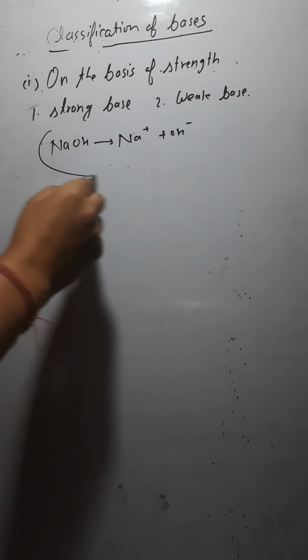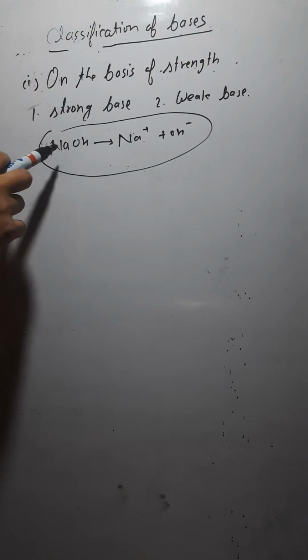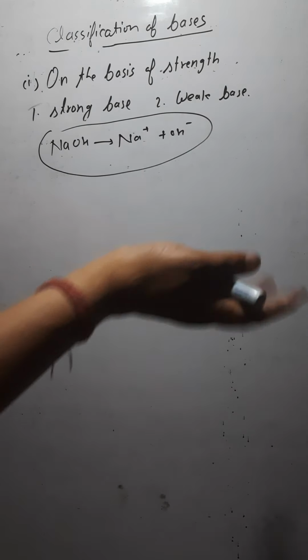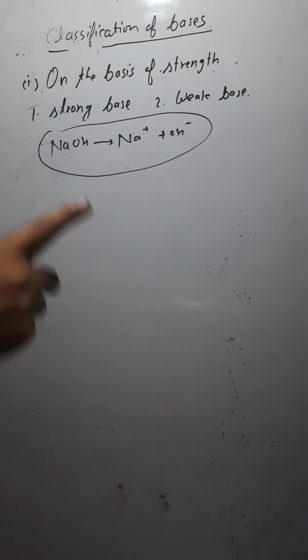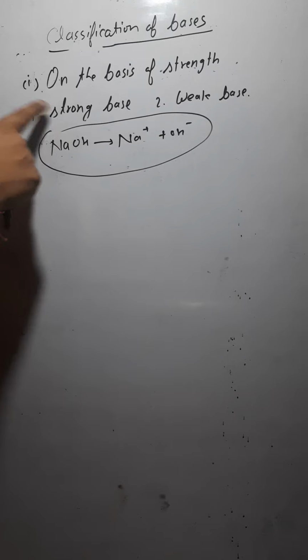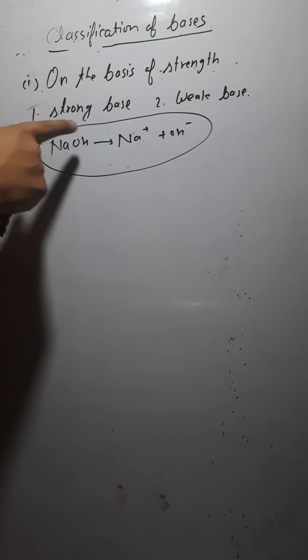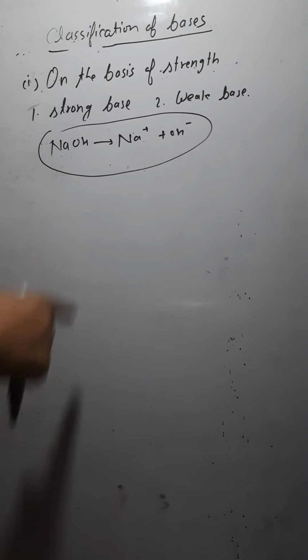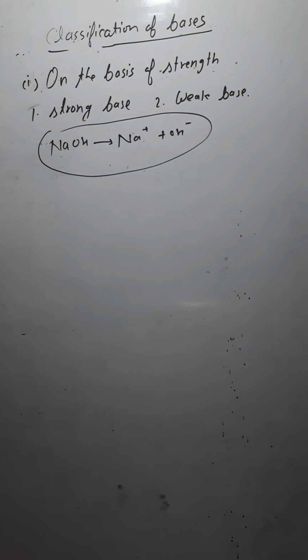Here we have the complete ionization, means it would be separated into all positive and negative ions. Nothing would be left there now. Are you getting this? So NaOH is a strong base. Why? Because in its aqueous solution it is completely ionizing and giving Na positive and OH negative ions.